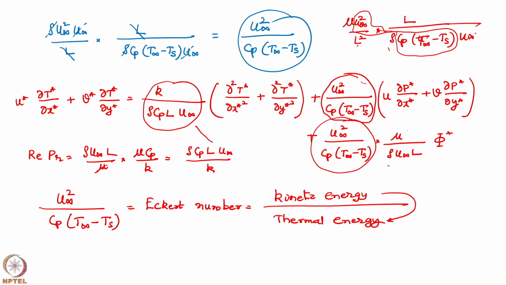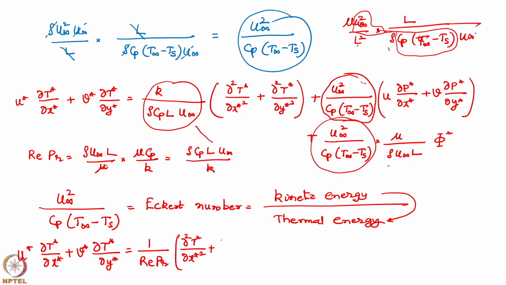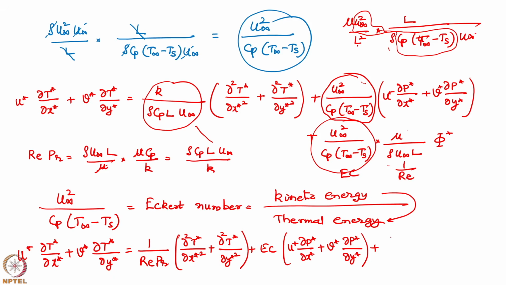So, I can now write this equation as u star del T star by del x star plus v star del T star by del y star is equal to 1 by Re Pr into del squared T star divided by del x star squared plus del squared T star divided by del y star squared, plus Eckert number into u star del P star by del x star plus v star del P star by del y star, plus Eckert number by Re into phi star.